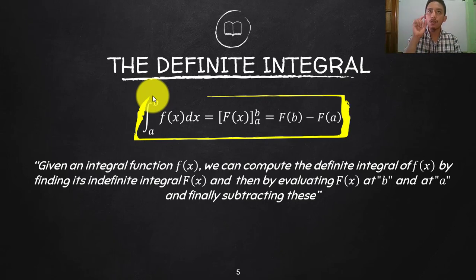You can say y is equal to f of x. At certain values of x, there is a value of y. If you change the value of x, you will have another value of y. So if you say definite integral, we are just trying to summate the value of the function from x equals a to x equals b. So that is your definite integral.